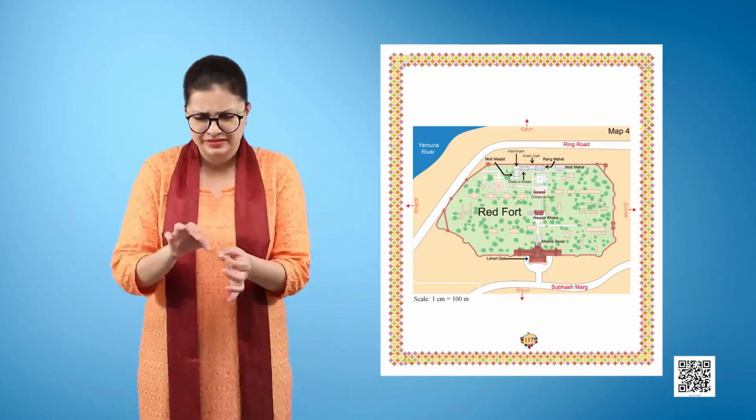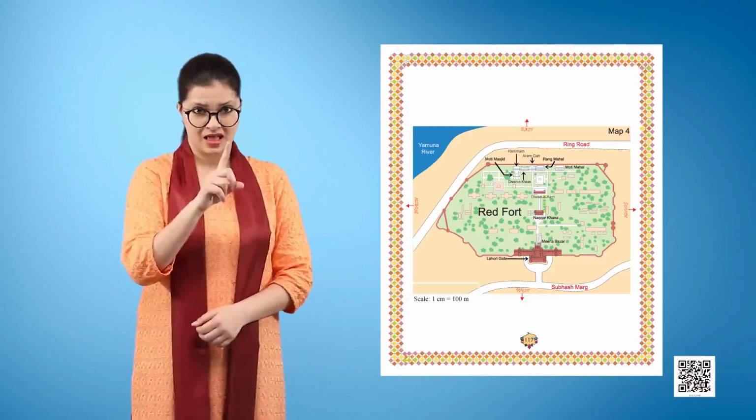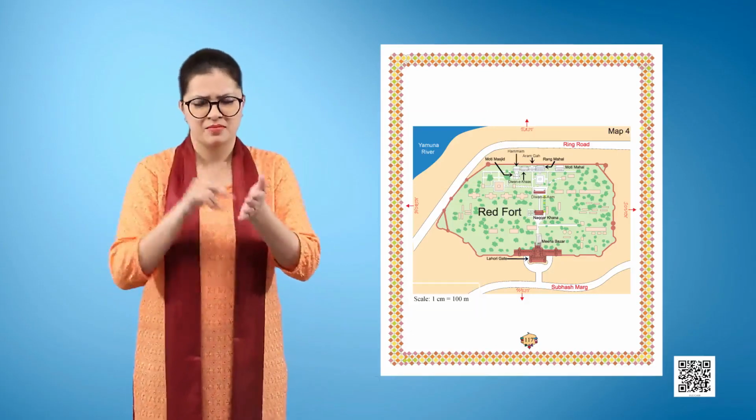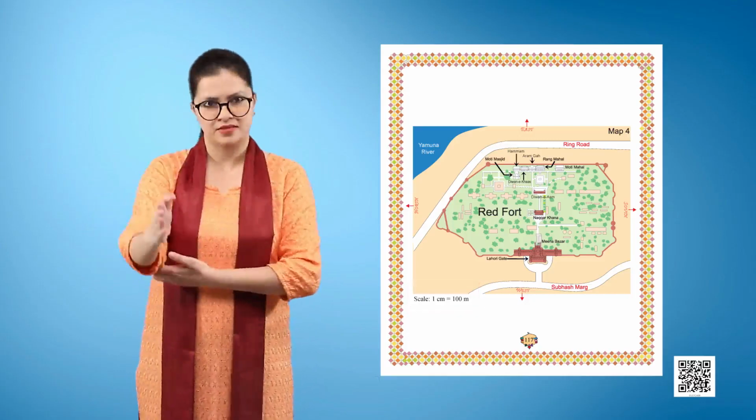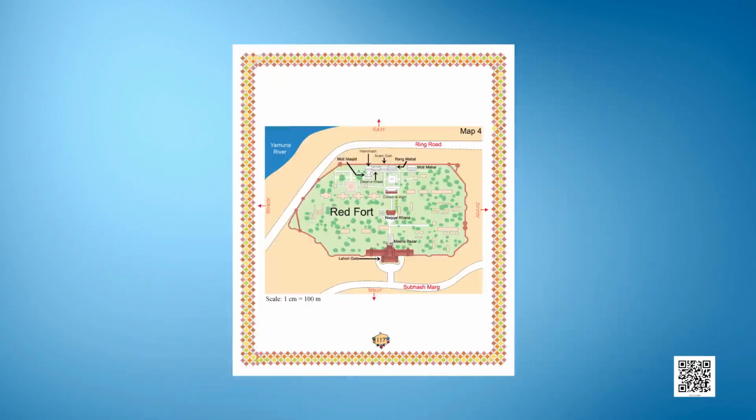Note that the scale here is 1 centimeter is equal to 100 meters. Within Red Fort, various places like Diwan-e-Khas, Diwan-e-Aam, Nakkar Khana, Meena Bazar, Moti Mahal, Lahori Gate, etc. are clearly marked. Subhash Marg and Ring Road are the roads circling this place.